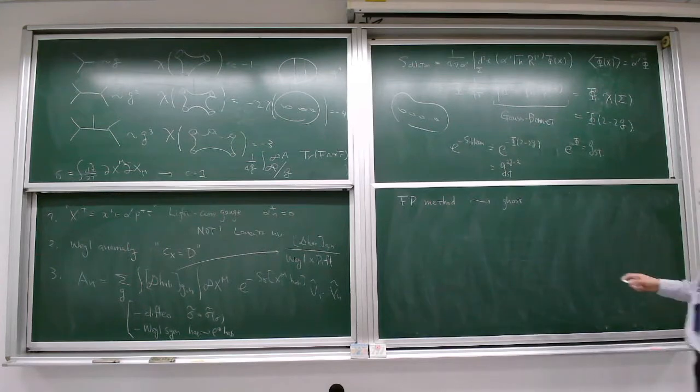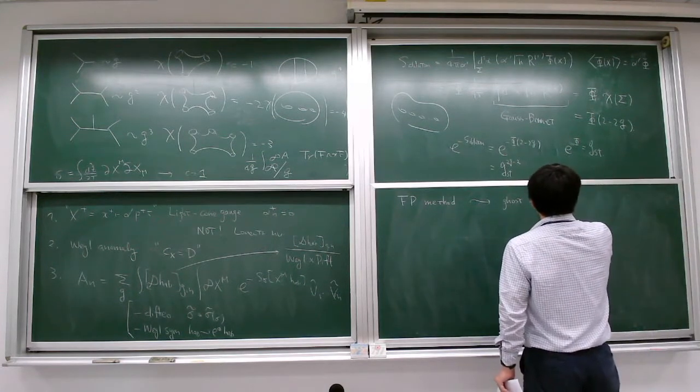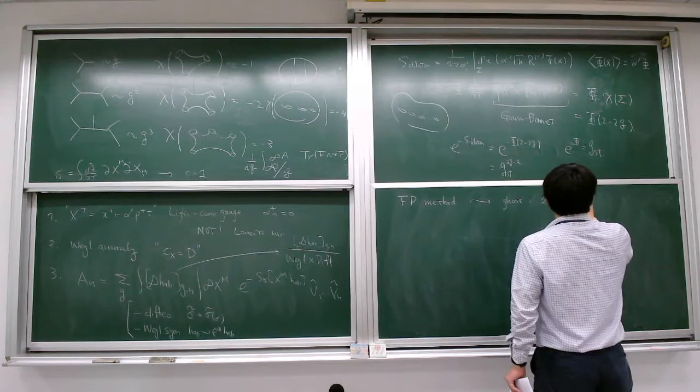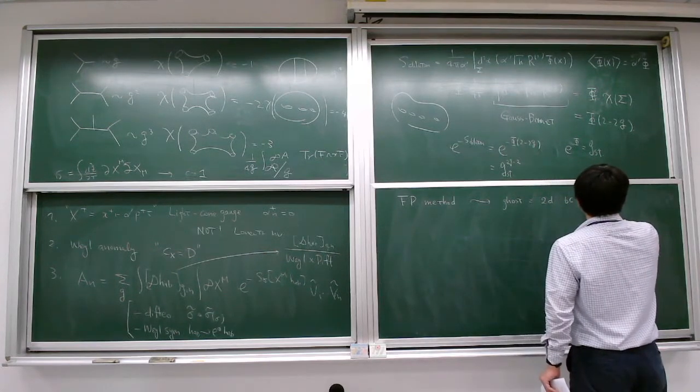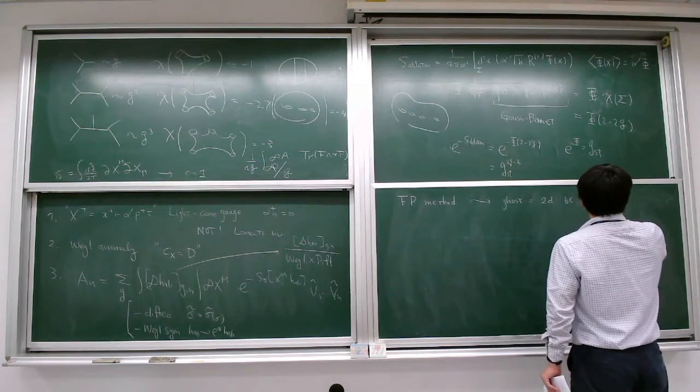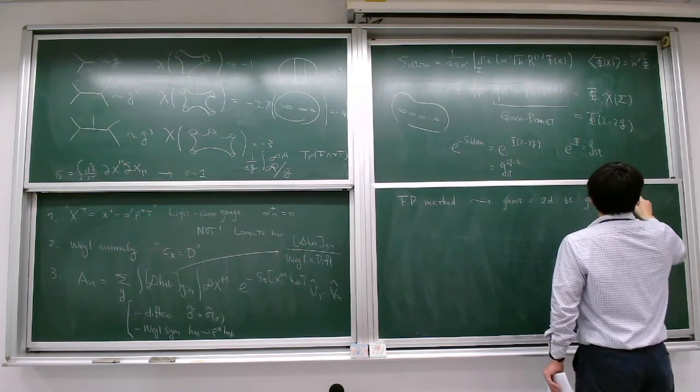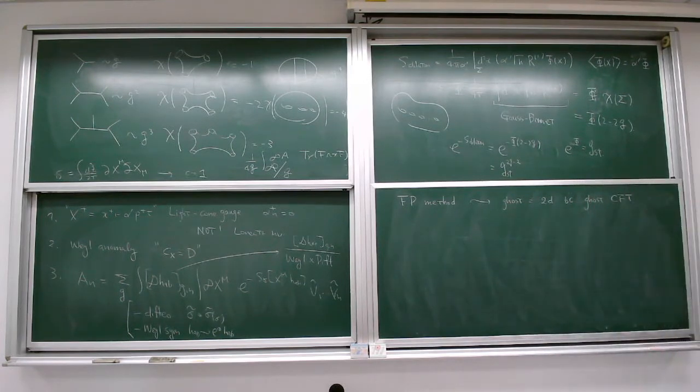This ghost is a 2D CFT, a 2D bc ghost CFT. The ghost is a Fermi degree of freedom, so it's another kind of 2D CFT you will get.